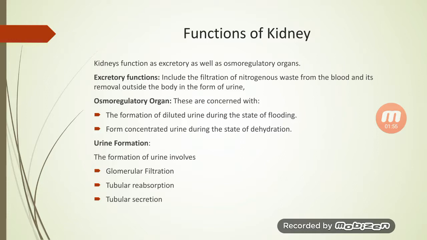Each kidney contains 1,000,000 nephrons, and the nephrons are the functional units of the kidneys that we discussed in the previous topic.